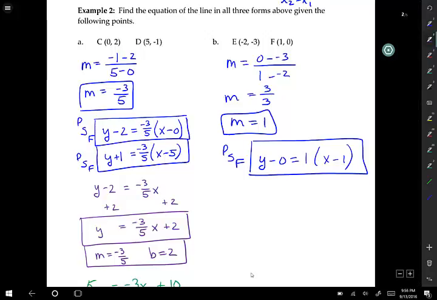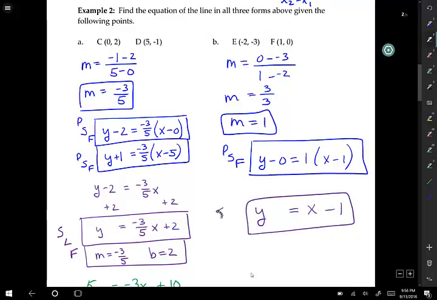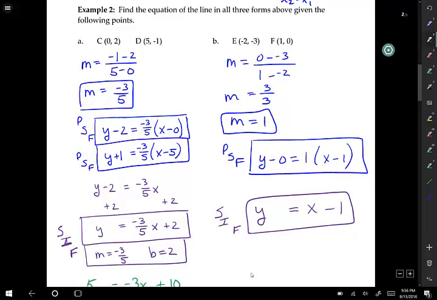This is slope-intercept form over here on the left. If we want to go to slope-intercept form, we simply write it as x minus 1 and distribute that 1. So slope-intercept form. All right. How do we move from that to standard form?